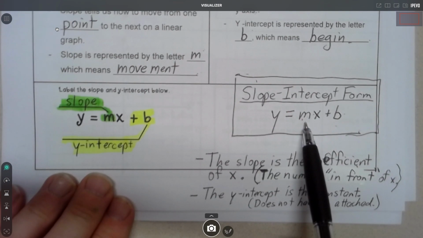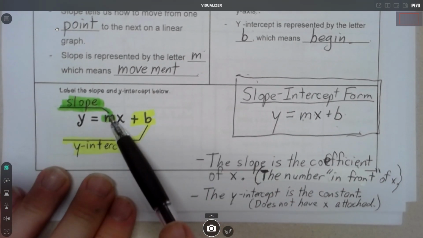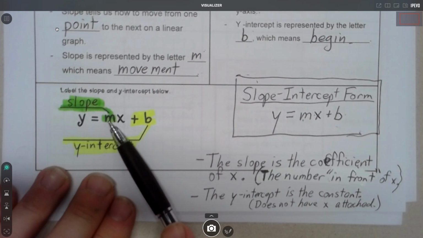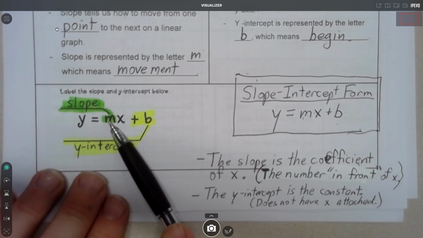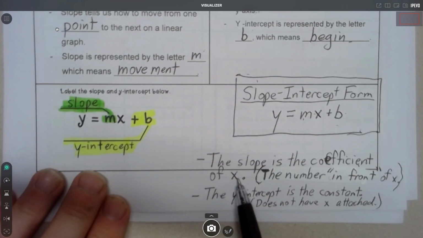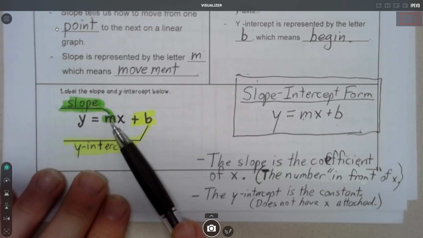So this letter m that has x attached to it, this represents the slope of a line. Okay, so the number in the linear equation that has x attached to it, we call that the coefficient of x. Slope is the coefficient of x, the number that tells us the slope of the line, how steep the line is.